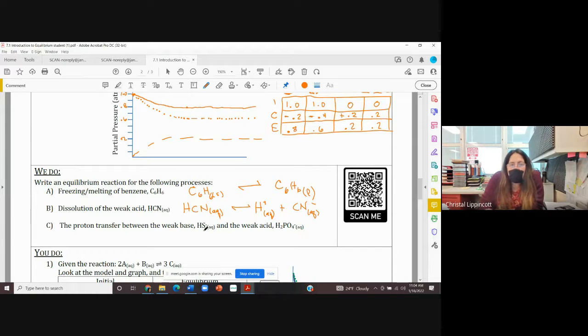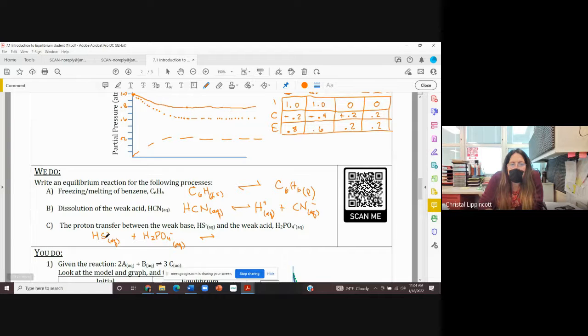Proton transfer between the weak base, HS minus, and the weak acid, H2PO4 minus. So HS minus aqueous plus H2PO4 minus aqueous. Which one's going to lose their hydrogen?